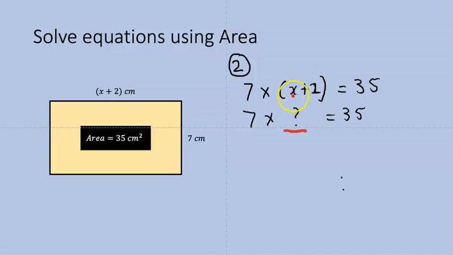So therefore, I know x plus 2 is going to equal 5. And what do I have to add on to 2 to get 5? 3. So you can problem solve it like that. I would suggest you use method 1. Combine it, expand it, and then solve it. Go back to basics. Do what you've done normally.